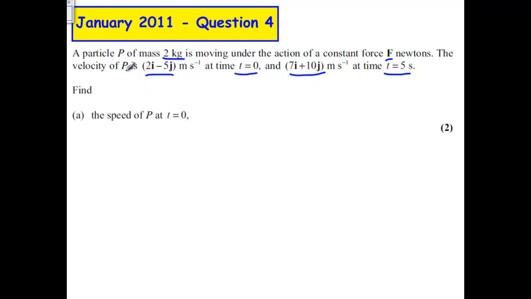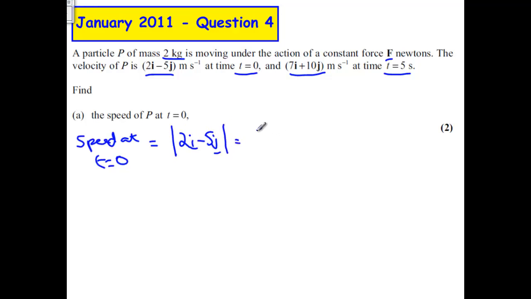Now the velocity of P at t equals 0 is 2i minus 5j. So to find the speed at t equals 0, we're going to need the magnitude of this vector.